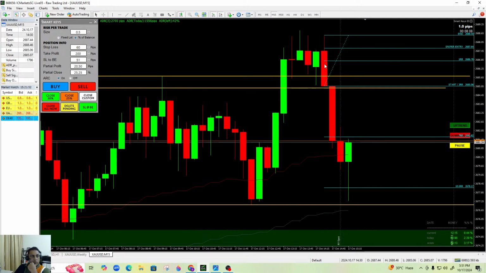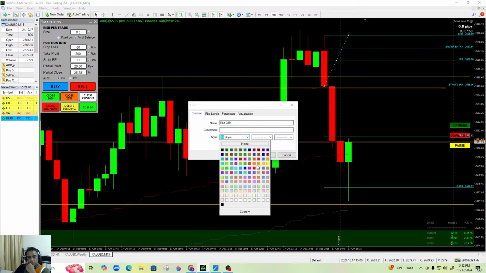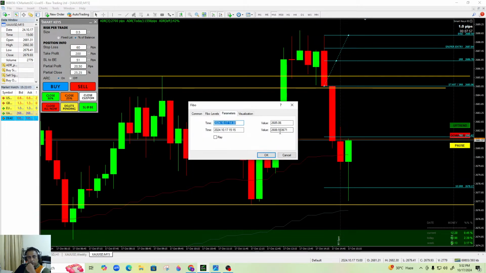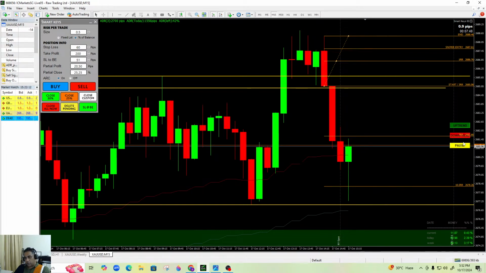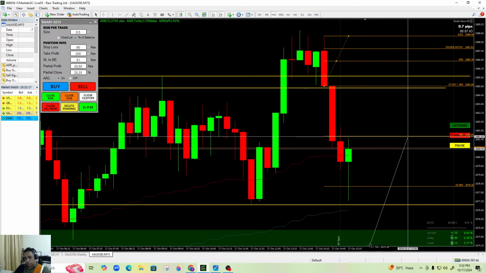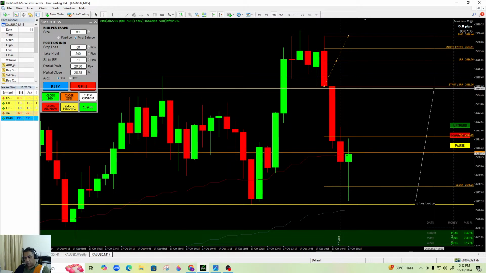Let's put the numbers there. 846, 506. High 846. Price could tap this area right here, 8166, and push down. Or price could come here, tap 2685, and then push down.